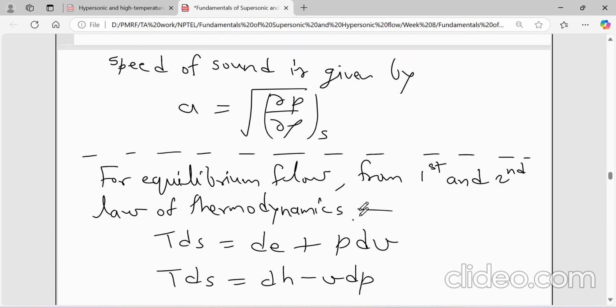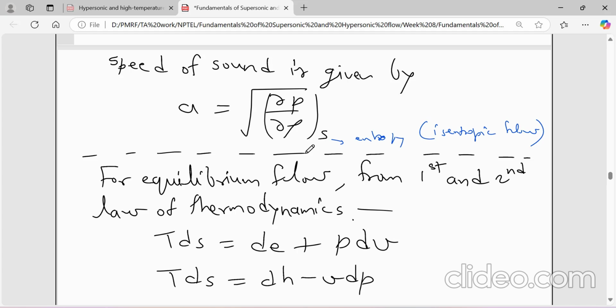First we should know what the speed of sound is. The speed of sound is given by a equals under root of dou P upon dou rho at constant entropy. This S is for entropy. Constant entropy means isentropic flow, so flow across a sound wave is isentropic.